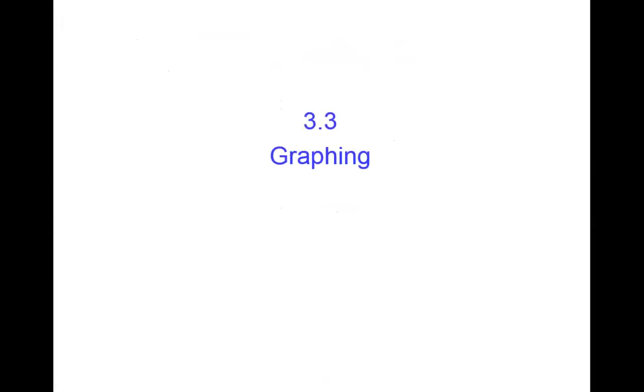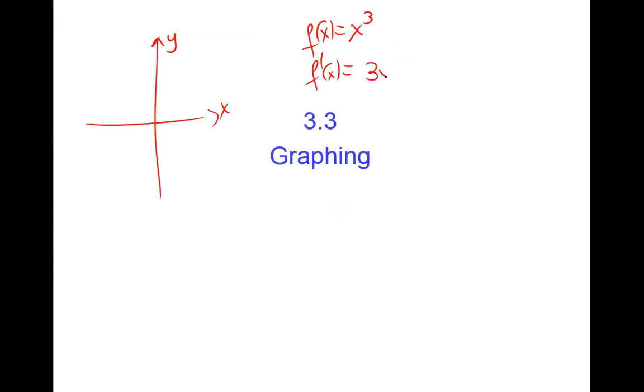I can maybe use that graph. A good example is the function x cubed. We can see that the derivative of x cubed is this. It is 0 if x is 0. That means x equals 0 is the zero of the derivative, a critical point.